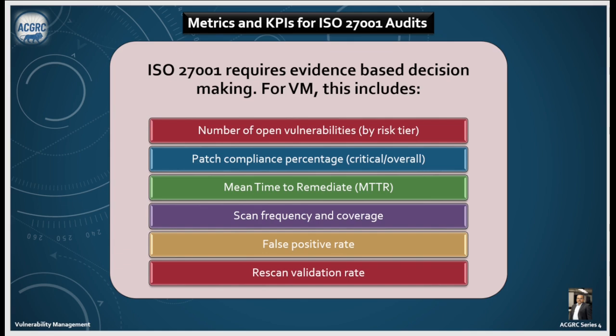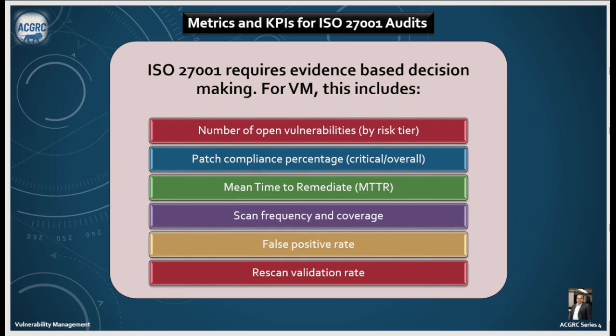Example: suppose your goal is to fix critical vulnerabilities in 7 days. Your VM dashboard should show, for example, 92% resolved within SLA, or 2 repeat incidents due to poor patch testing, or a plan to improve testing and validation. This example proves that you are tracking performance, you identified problems, and you are taking corrective actions.